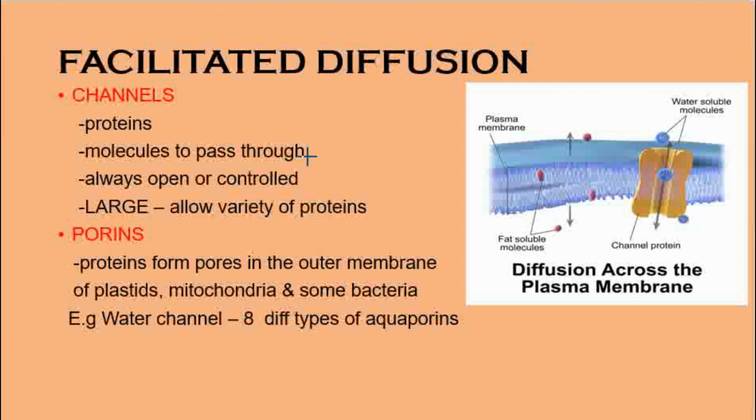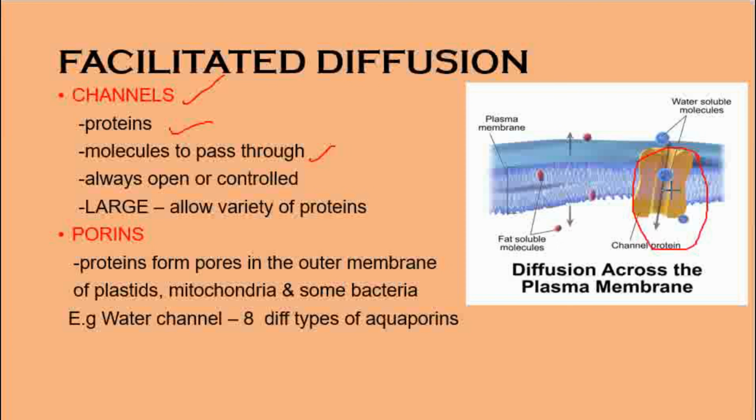And coming to facilitated diffusion, there are channels which are nothing but proteins. So the proteins help in the diffusion of the substances. The channels which are made of proteins allow molecules to pass through them. So the channel will look like this.